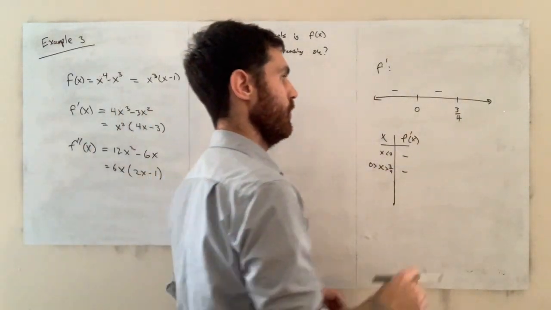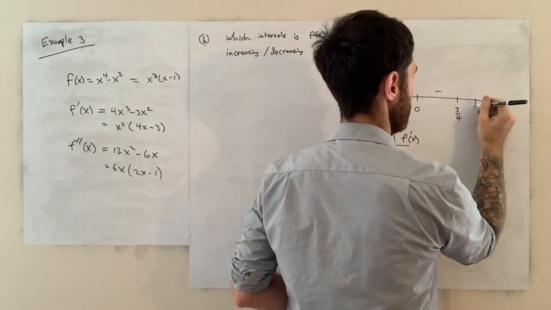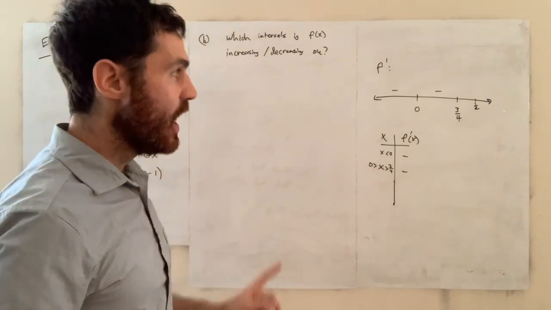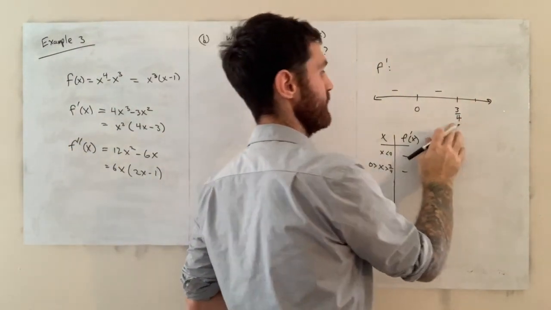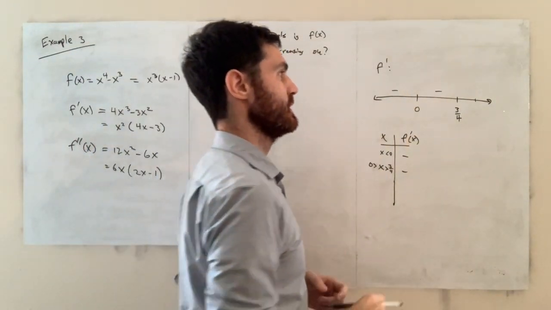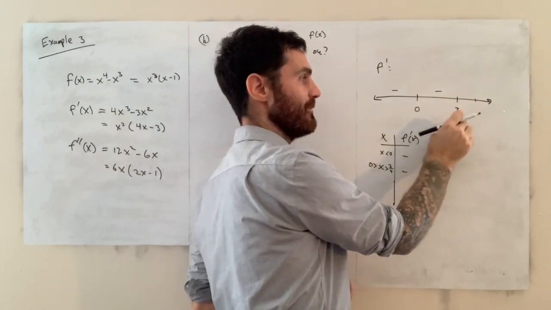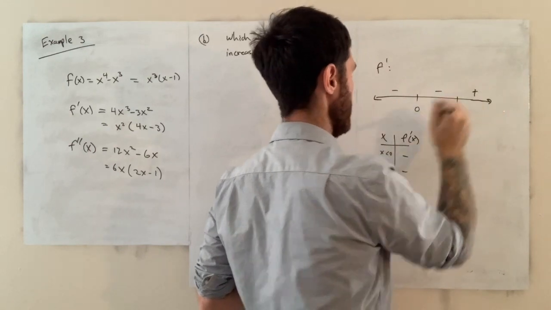Well, now we want to know what happens to f after that. One thing we do know is that 3/4 is a local minimum. That means the function itself can't keep decreasing after that point. So this actually has to be positive.